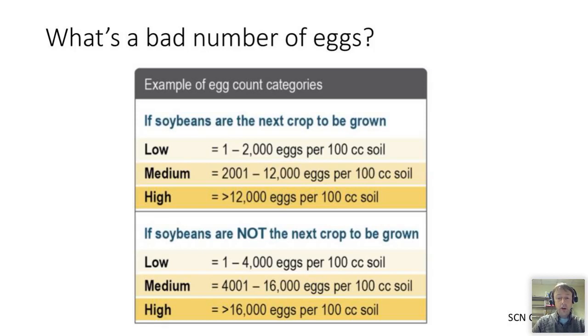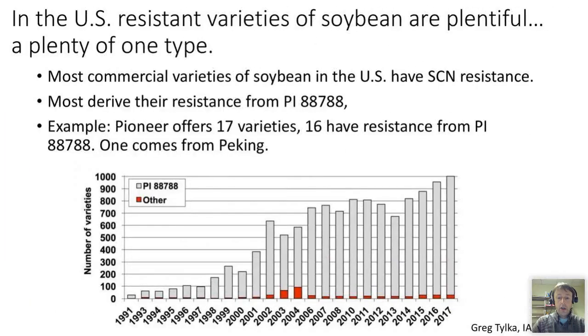But even at those low numbers, if you don't plant a resistant variety, you're going to increase the population very quickly. So we do have a lot of resistant varieties in the US, but the issue, and Shannon alluded to this a little bit in her discussion, is that if you look at least at US varieties, really the only resistant variety, or I should say the source of resistance that's out there, is this PI 88788.